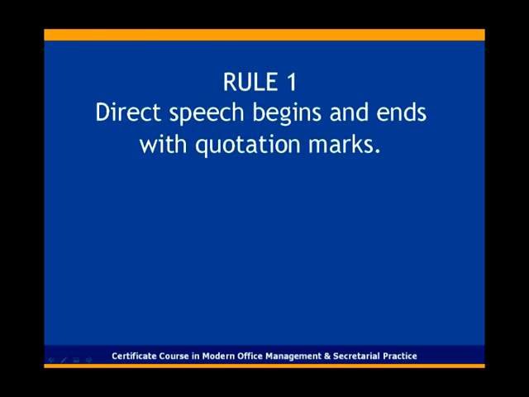Rule 1. Direct speech begins and ends with quotation marks. They can be either a set of single quotation marks like this, or a set of double quotation marks like this.